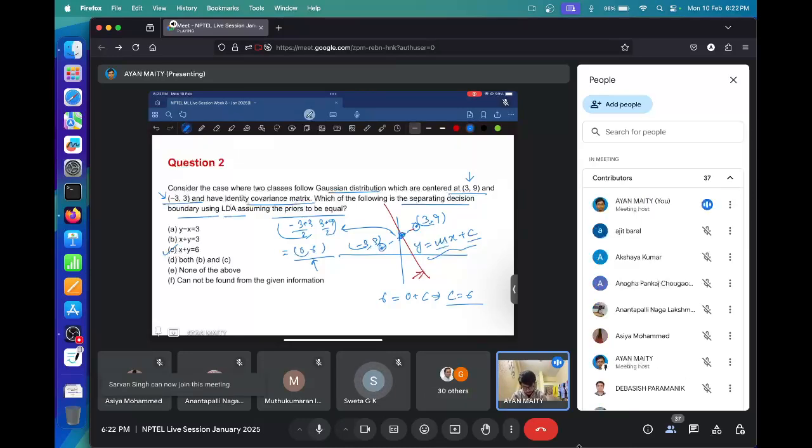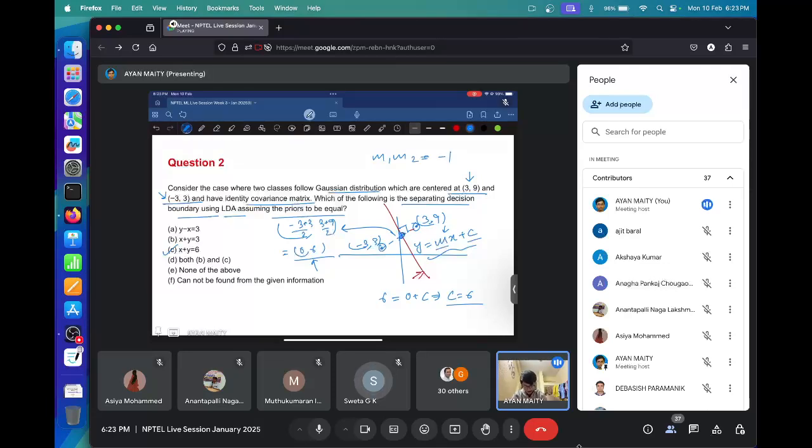Now we have to find the value for m, and we know that this decision boundary is perpendicular to the line segment joining the 2 points. If two straight lines are perpendicular to each other, the product of their slopes m1 times m2 equals minus 1.